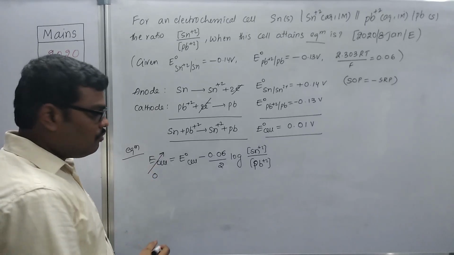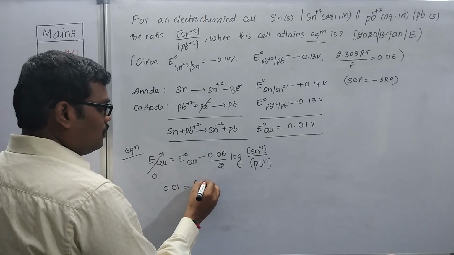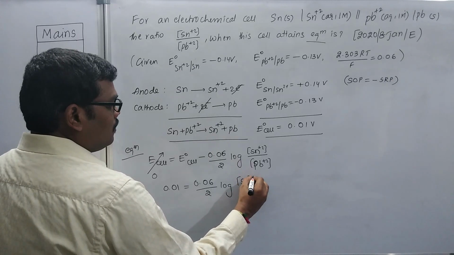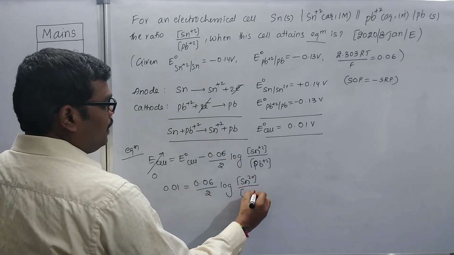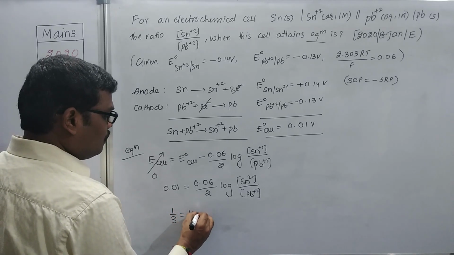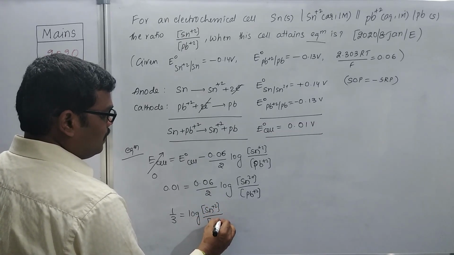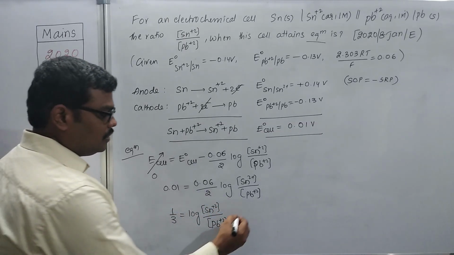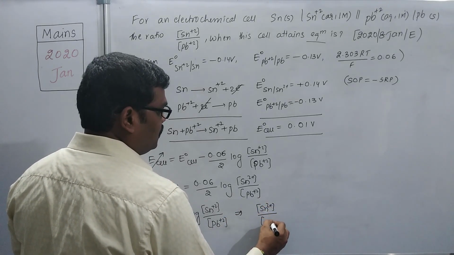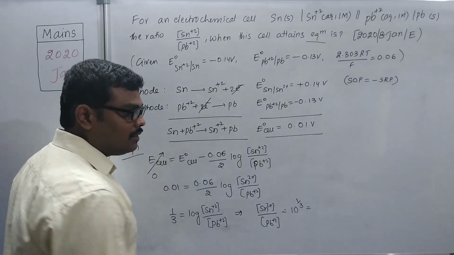So at equilibrium E cell equals 0. The value of E0 cell is 0.01, that is equal to 0.06 by 2 log Sn2 plus by Pb2 plus. If you simplify this, you get 1 by 3 is equal to log of Sn2 plus ion concentration by Pb2 plus ion concentration. From this, the ion concentration ratio is equal to 10 power 1 by 3, that is equal to 2.15.